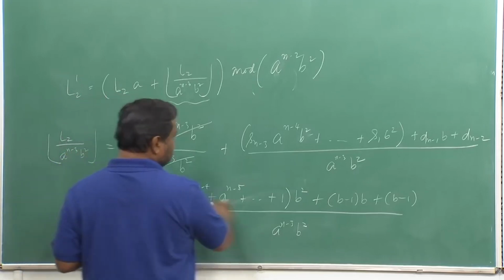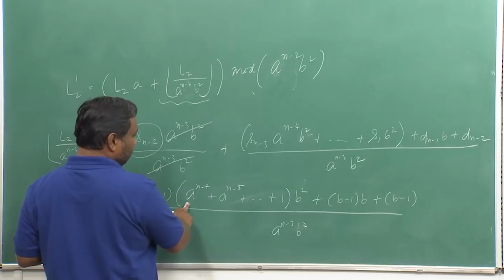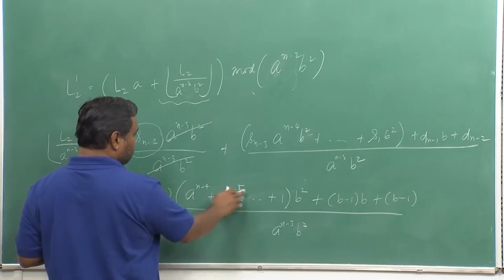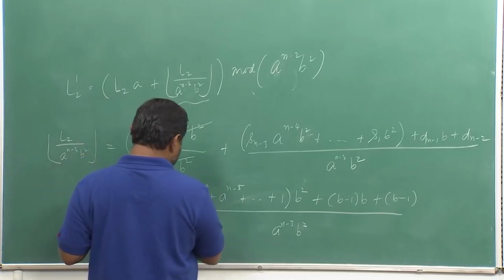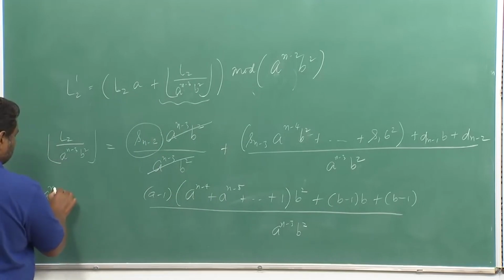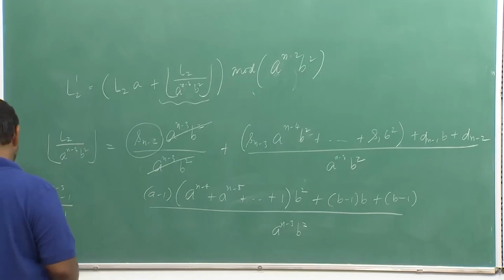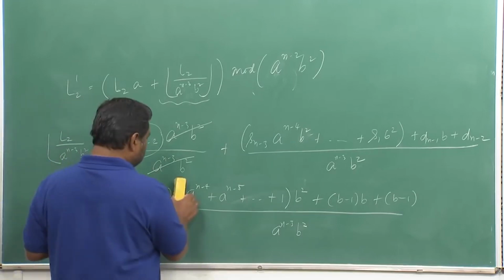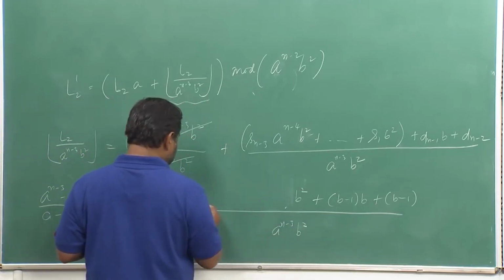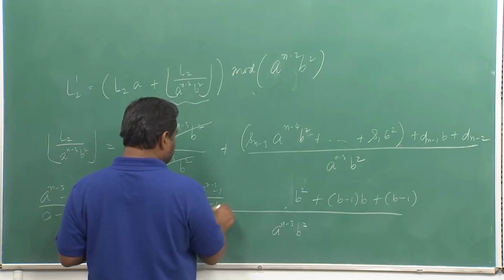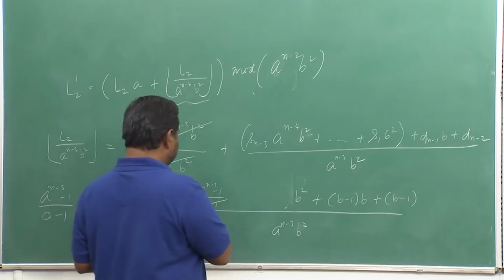So, this series has a total number of terms equal to n minus 3. So, if I sum this up, it will turn out to be nothing but a raised power n minus 3 terms minus 1 divided by a minus 1. Okay. So, I can just replace it here. So, this will cancel with this.